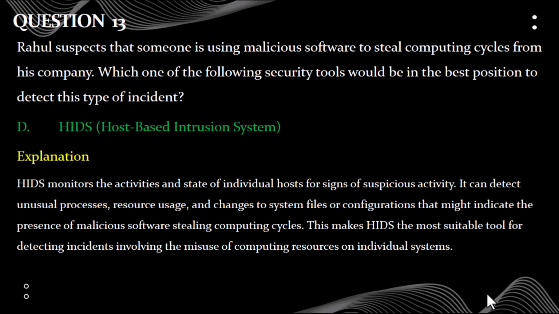It monitors the activities and state of individual hosts for signs of suspicious activity. So it can detect resource usage, changes to system files, unusual processes or configurations that might indicate the presence of malicious software stealing the computing cycles. This makes it the most suitable tool for detecting incidents involving the misuse of computer resources on individual systems.